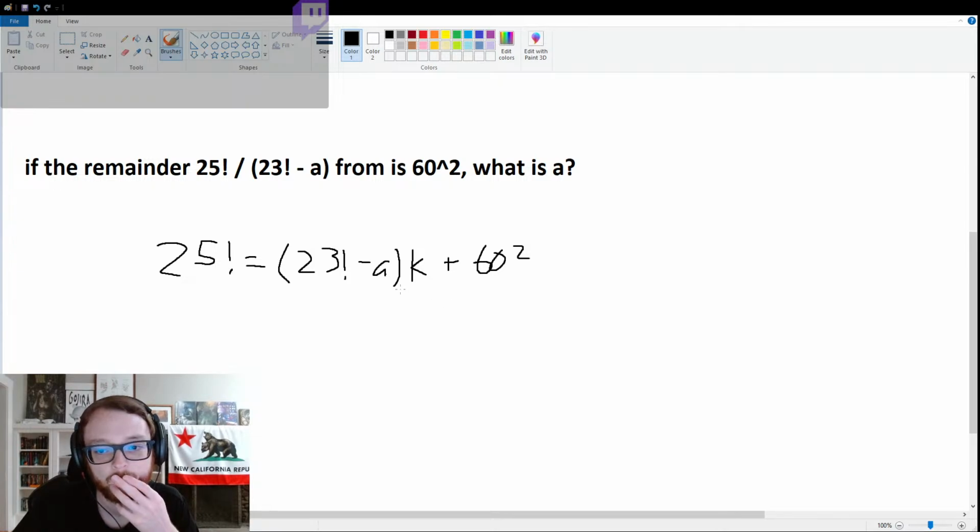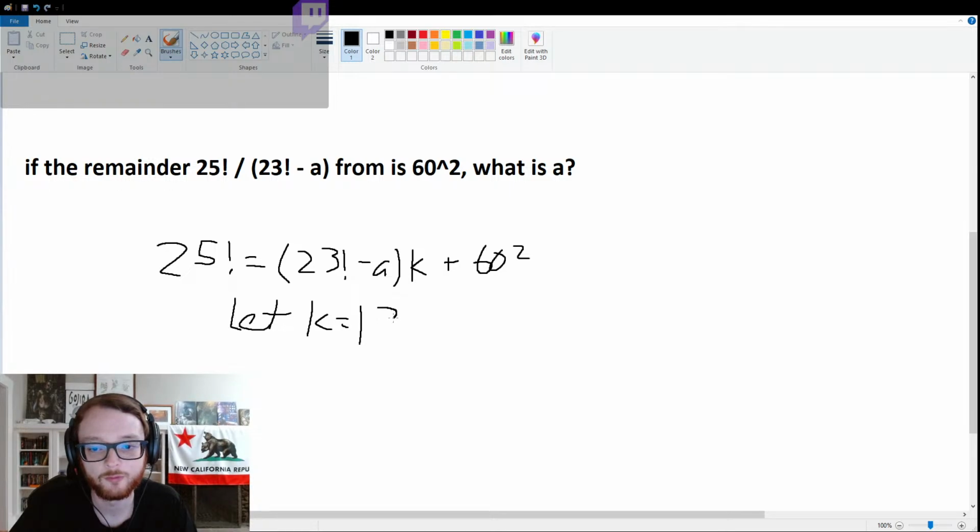I'm a little confused on how we deal with this k. Could we just let k be 1 and solve it for a? Because there's probably multiple answers depending on which multiple you want. If we just let k be 1, let's see if we get an answer that makes sense.